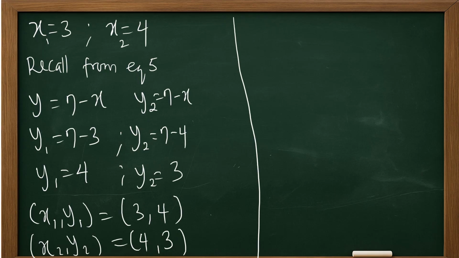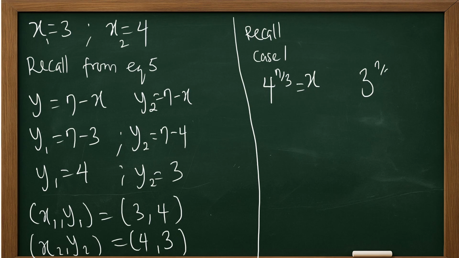Now I want you to recall also from the question that up there in case 1, I stated that 4 to the power of n over 3 equals to x, and also stated that 3 to the power of n over 3 equals to y.